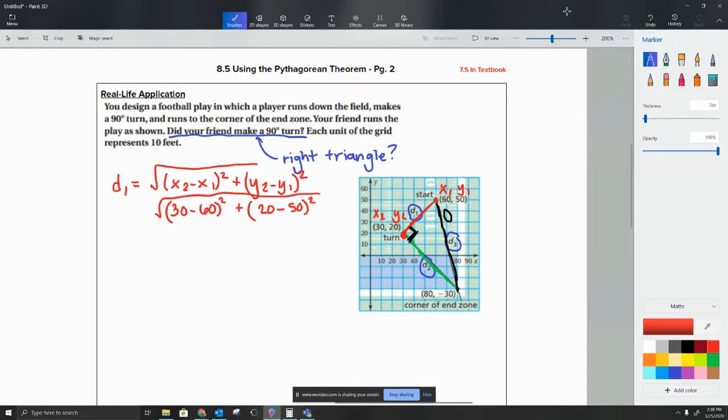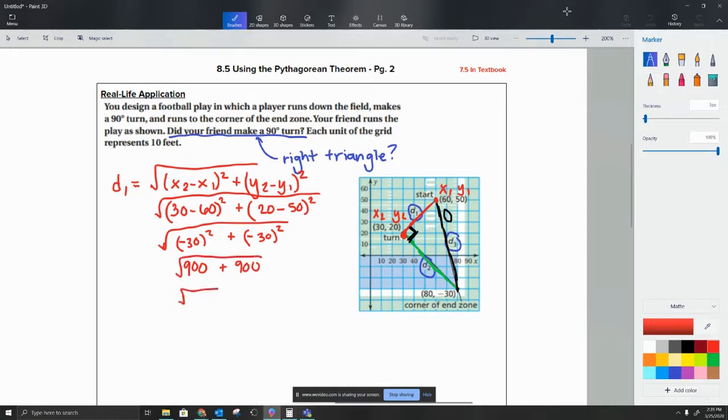Okay, so 30 minus 60, that's negative 30 squared plus negative 30 squared. So this is still square rooted. Okay, so we've got negative 30 squared, that's going to be positive 900 plus positive 900, the square root of that.